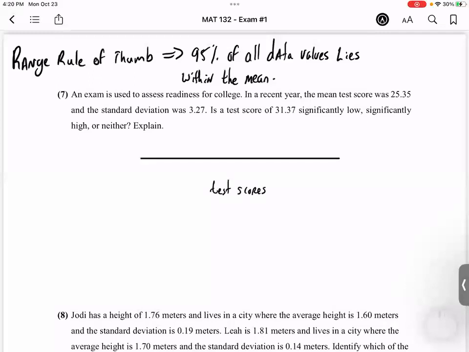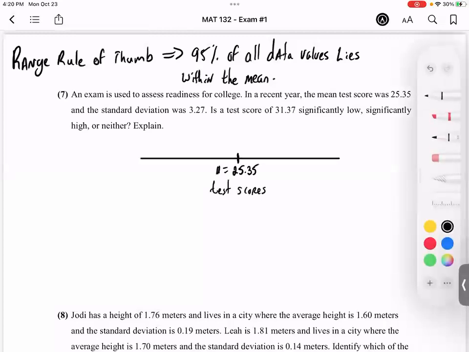Now, the test scores in this problem state that your mean, which is located in the center, should be somewhere around here. That would be your 25.35. So we say mean equals that value. Oh, sorry, I didn't draw the mu correctly. Here's your mean.